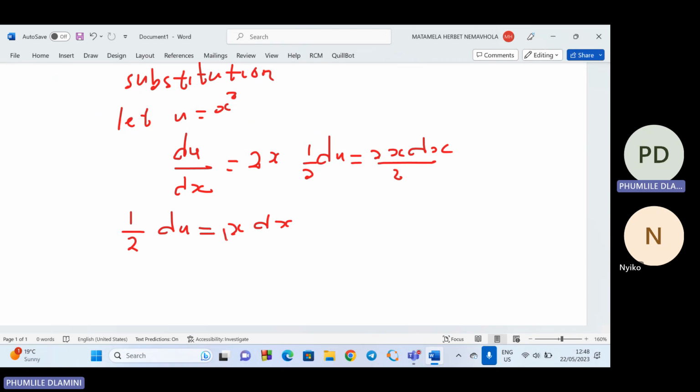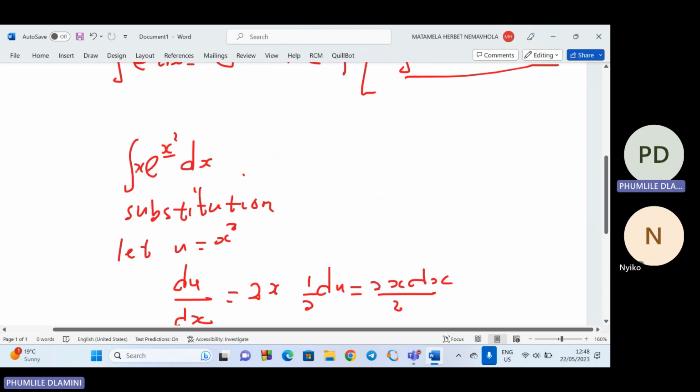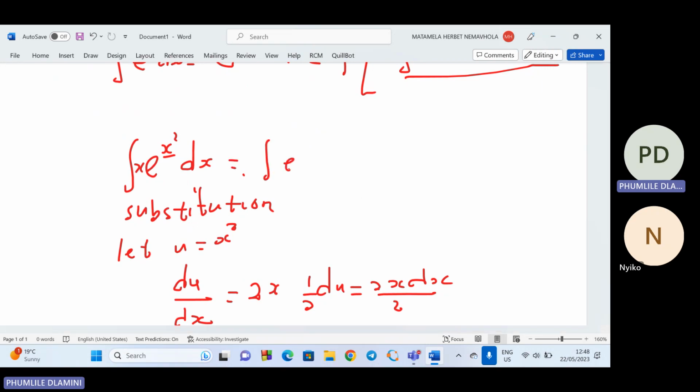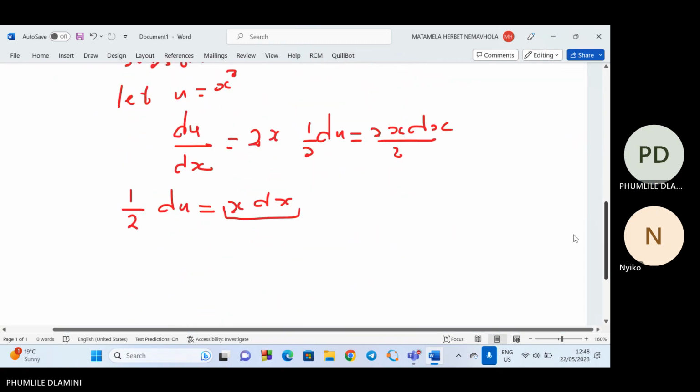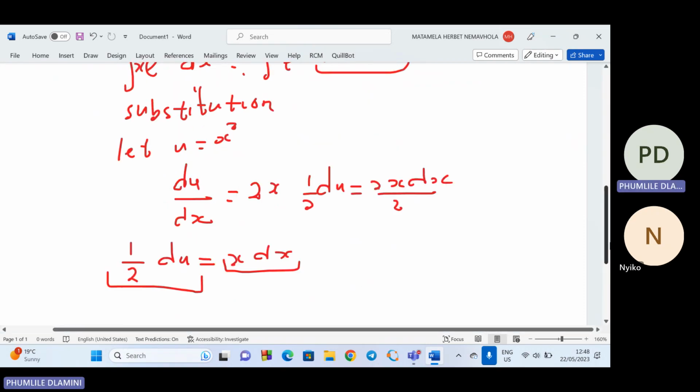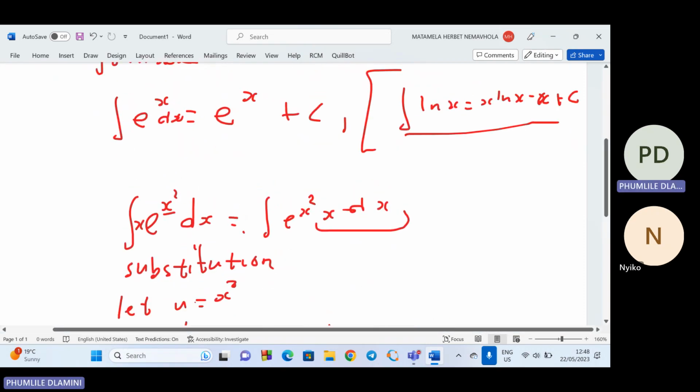So now with x dx like this, we can rewrite the integral of e to the power x squared times x dx. Our x dx is the same as 1 over 2 du, and our x squared is equal to u.